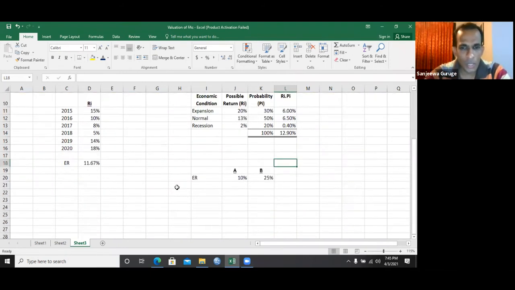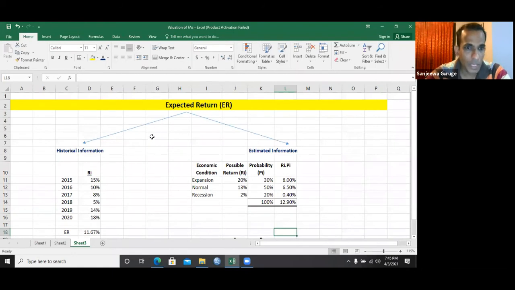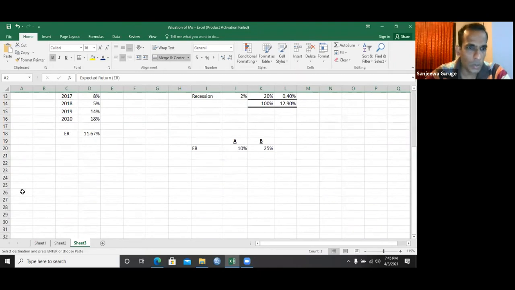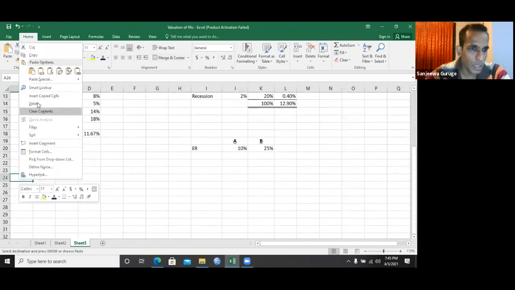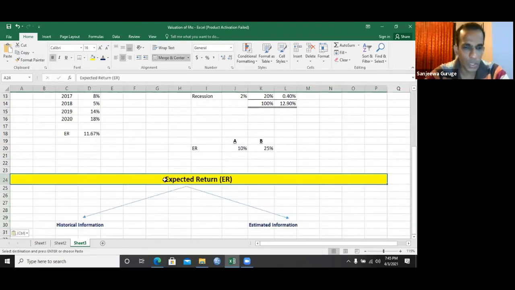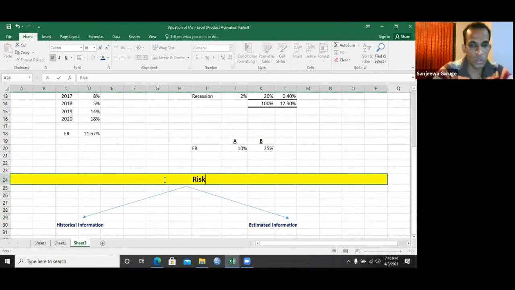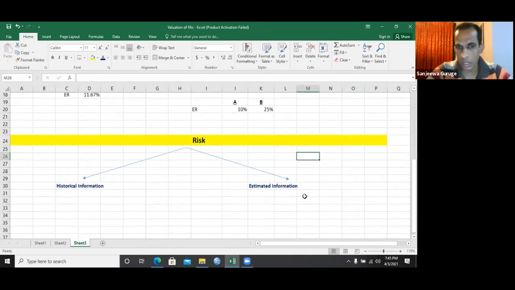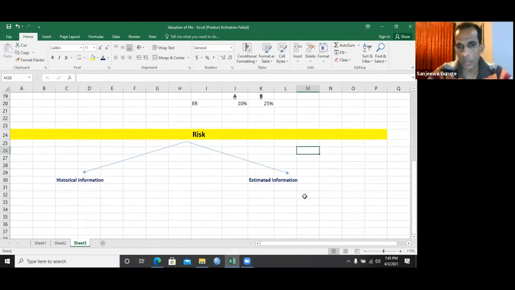The risk we can measure using standard deviation, and we can do it using both historical information or estimated, forecasted information.